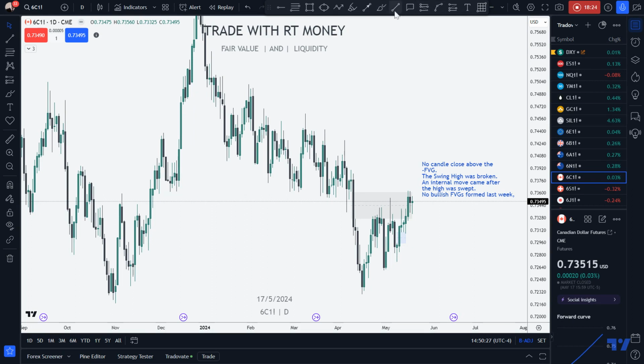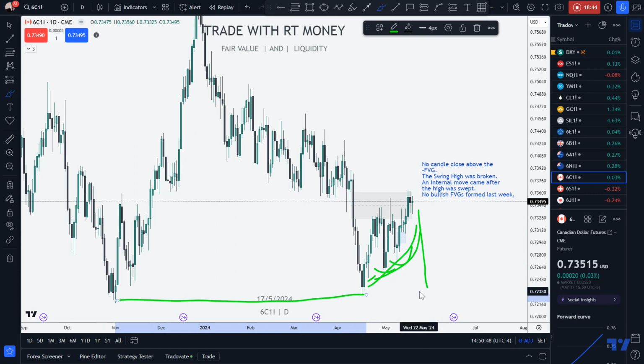There is a lot of low resistance to taking these lows out. All of these lows here are going to be low resistance, and price could swim through that and take out these relative equal lows. So that's what I'm looking at.